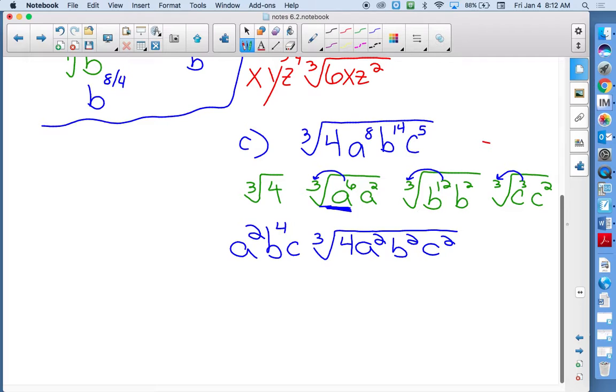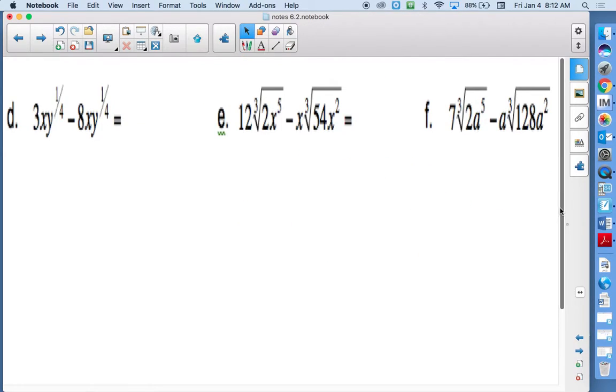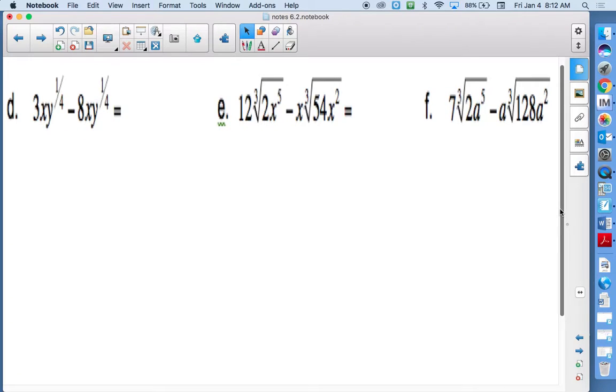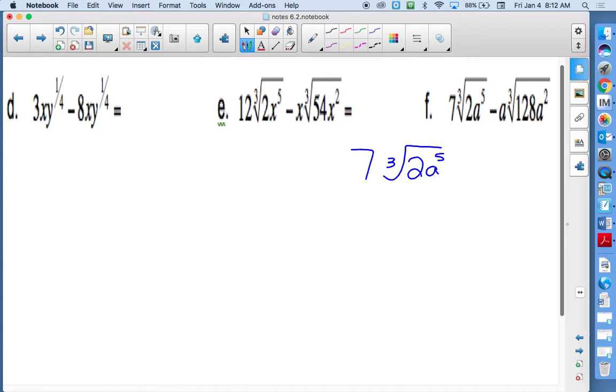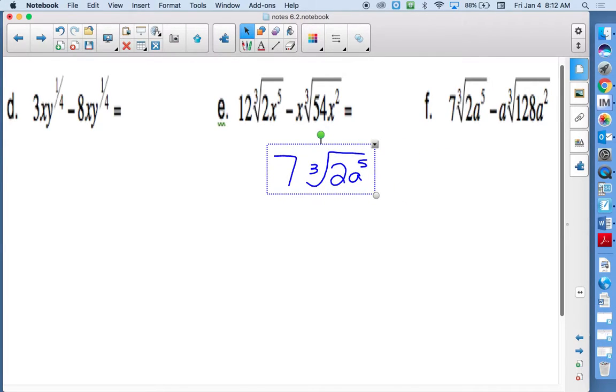Why don't you look at letter F? I think these are the hard ones because there's a lot going on with these. So letter F, we have 7, the cube root of 2a to the 5th, subtracting a and the cube root of 128a squared.